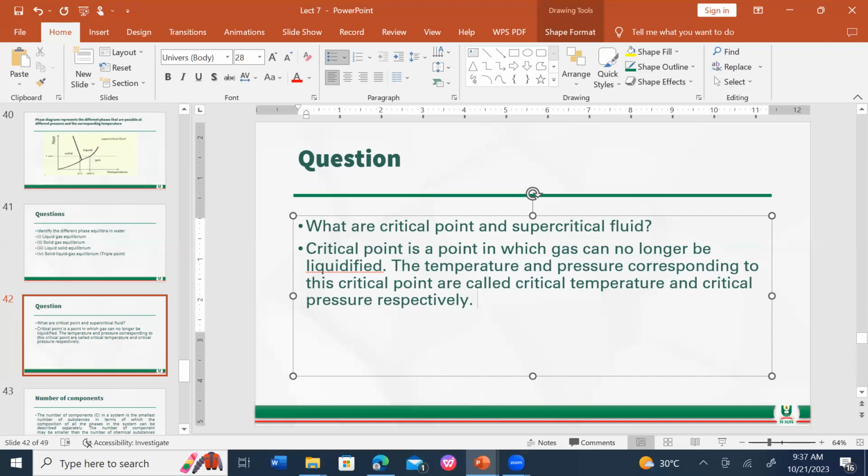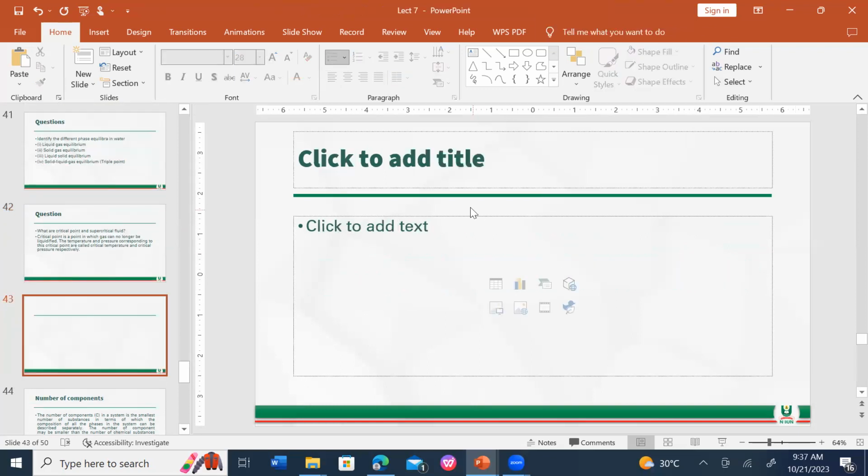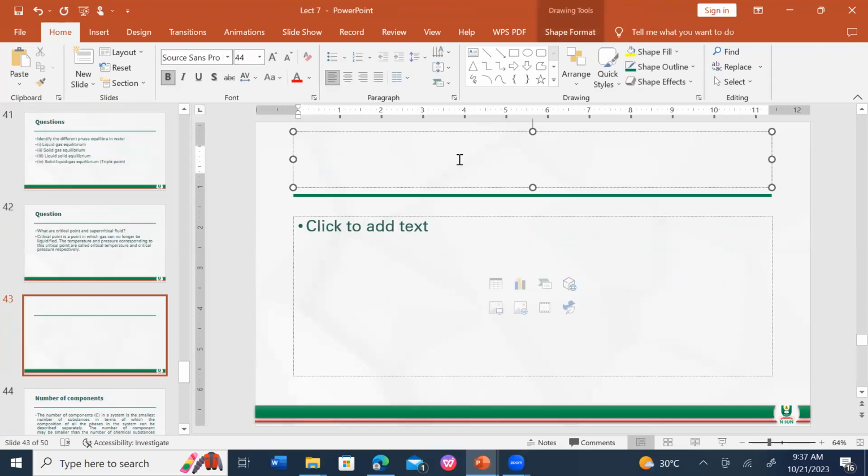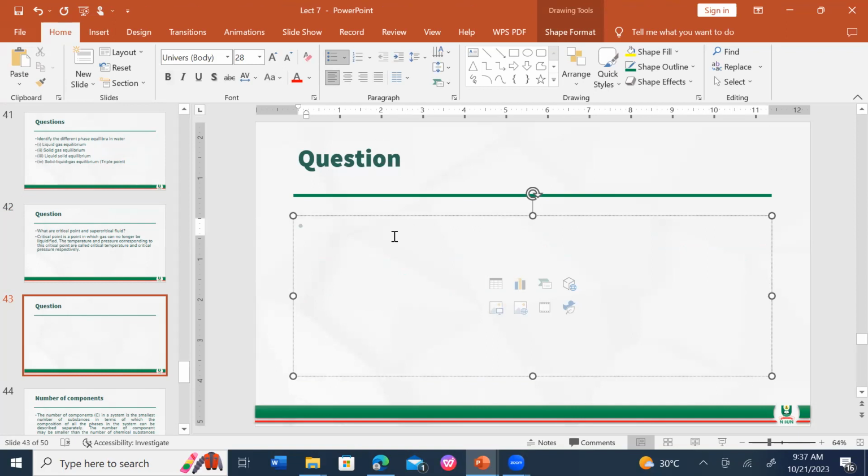So we can now move on to still have some few questions based on that phase diagram. We will dedicate at least one lecture after everything to look at questions that are possible for your exams. So I can still have a question.